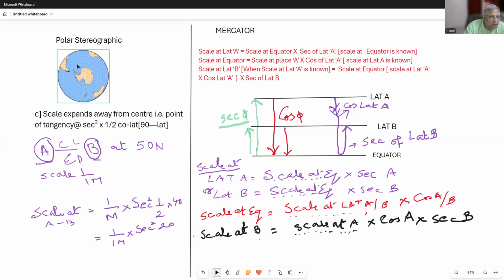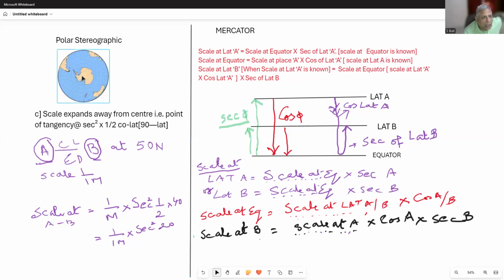These are the parallels of latitude, the circles, and the outermost circle is the equator. If it's a South Pole, then the center will be the South Pole and up to the equator. So if this is the North Pole, 90 north, 80, 70, 60, 50, and you will reach the equator, 0 degrees north.